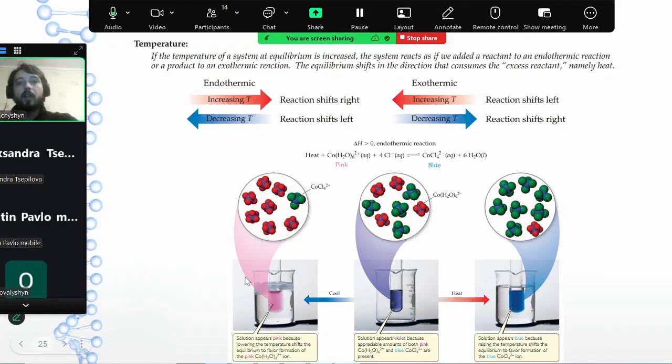If you instead use some cold water, so you are trying to cool your solution, your reaction equilibrium shifts to the left, and you get more of the pink color, because this is some cobalt basically dissolved in water. Good.